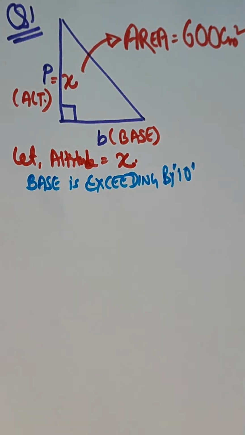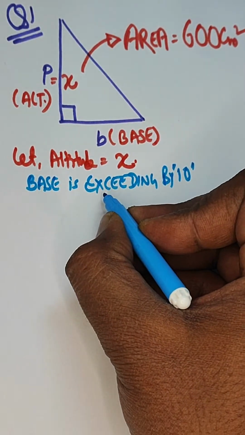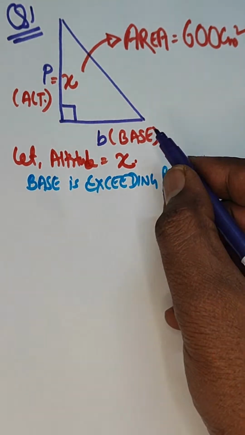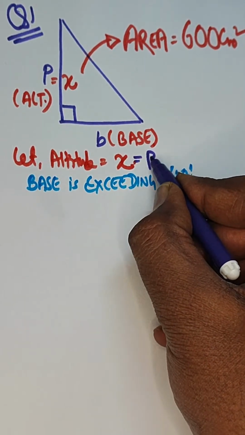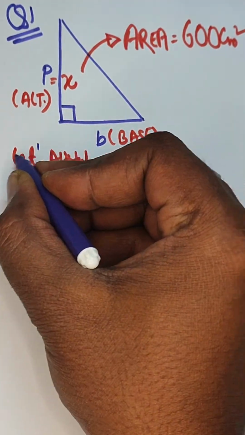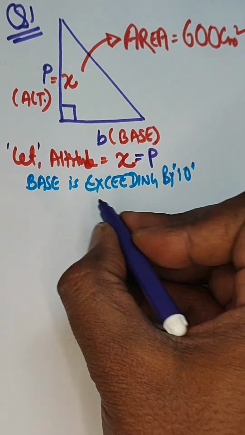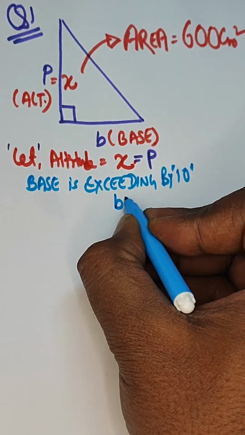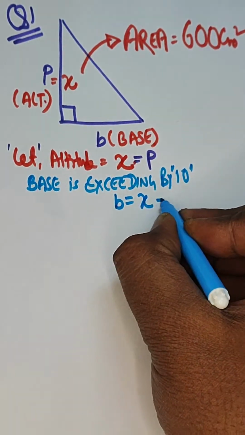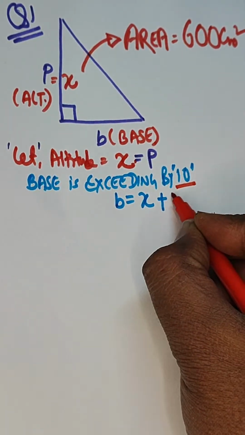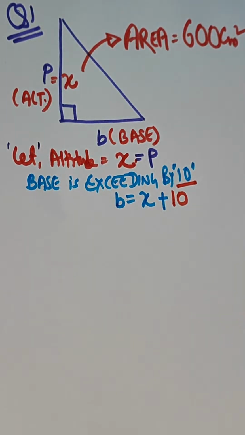If the altitude is x, which is equal to P, which we have assumed, then what will the base be? Base will be x plus 10.